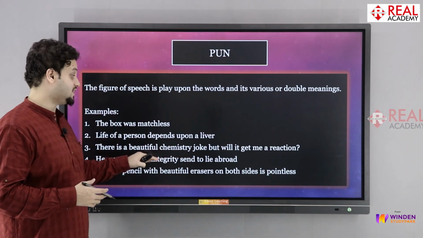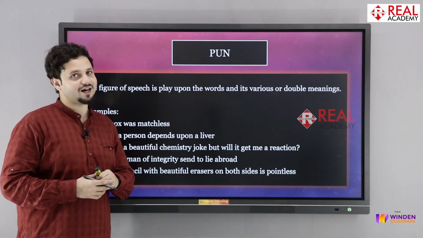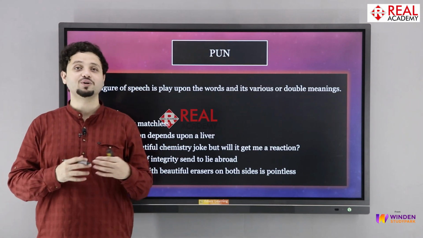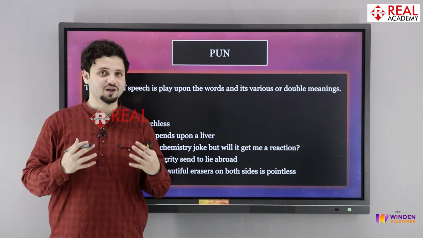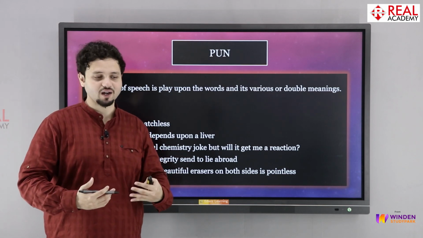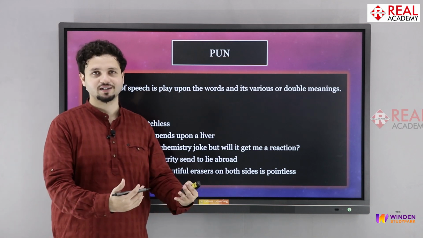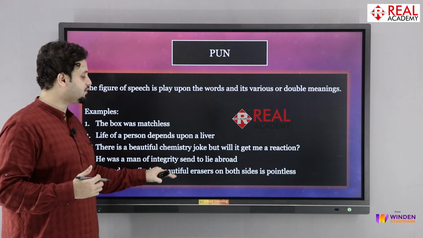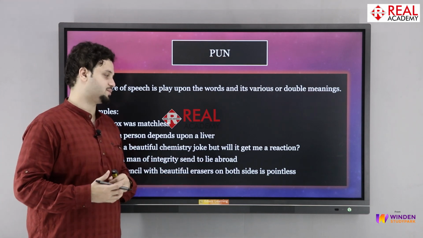He was a man of integrity sent to lie abroad. Here the word lie consists of two meanings. One lie means to tell a lie, jhoot bolna, and second lie means to sleep, to lie on bed, late jana. The red pencil with beautiful eraser on both the sides is pointless.